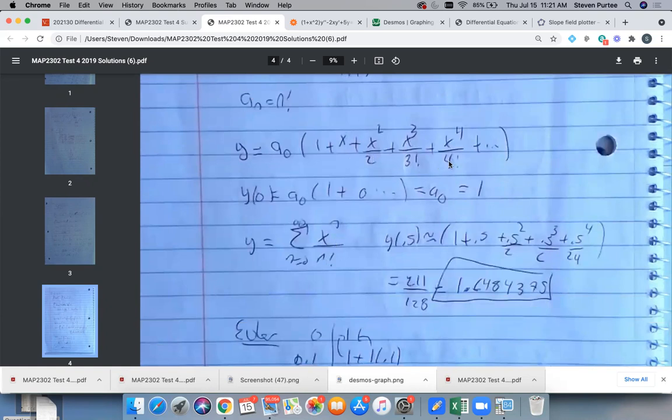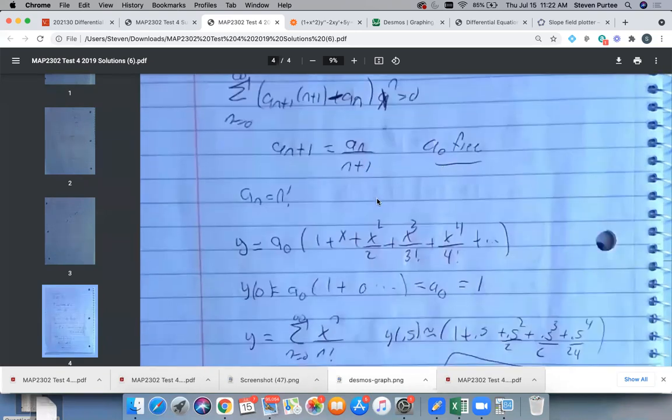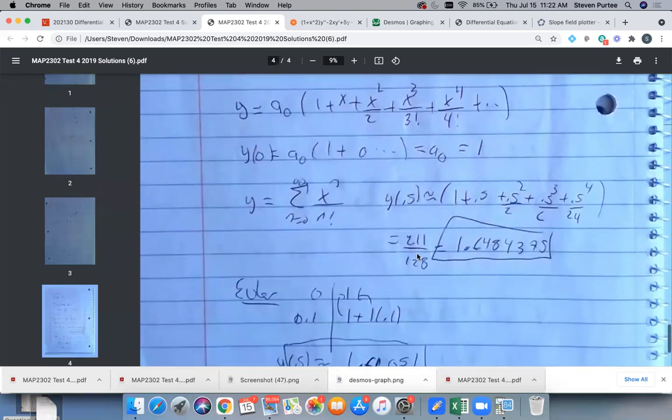Notice all these denominators are just my power. Like this would have been 4 times 3 times 2 times 1, 3 times 2 times 1, 2 times 1. Those are just factorials. That's x to the n over n factorial. That literally is the definition of e to the x. We may remember from Calc 2, that's the definition of e to the x. That's the Taylor series, technically the Maclaurin series because we're starting at 0, for e to the x.